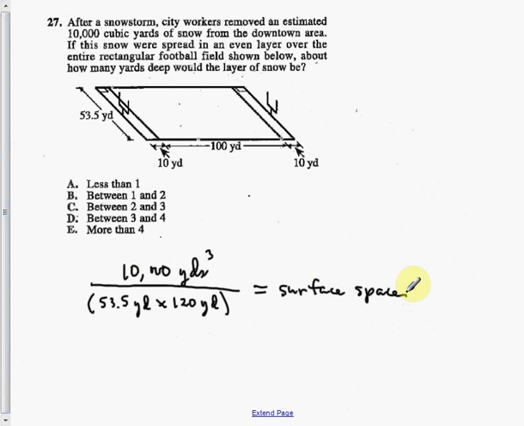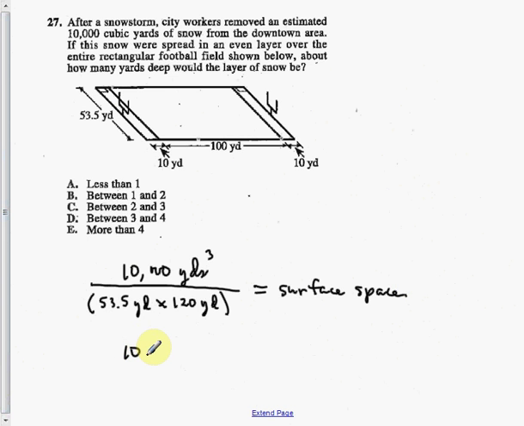Right. So on your calculator, this is 0.5 times 120, so that gives us 6420 yards squared.